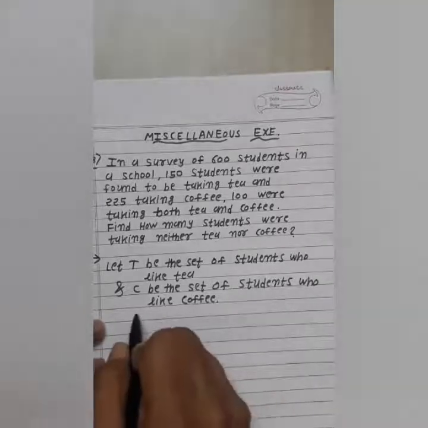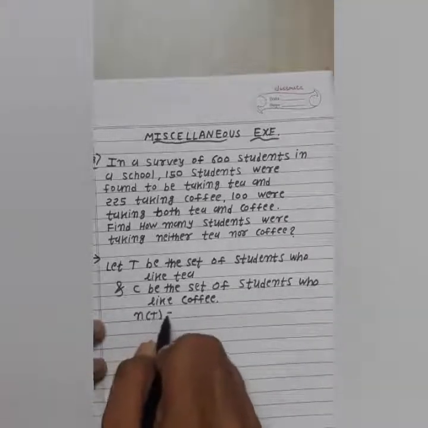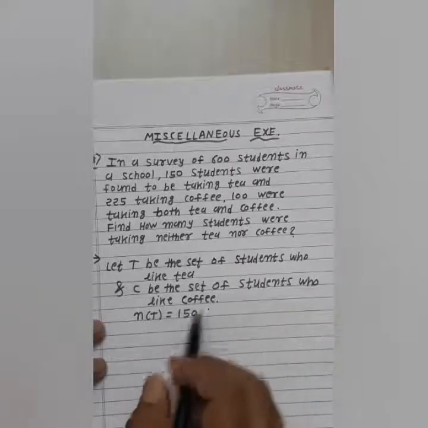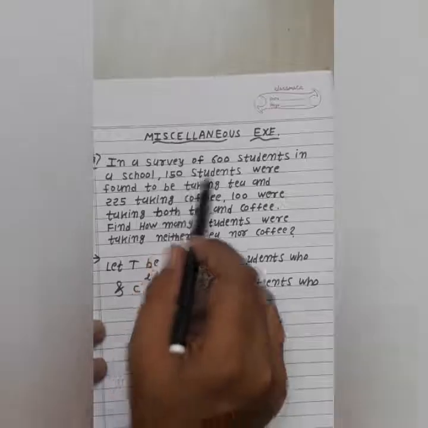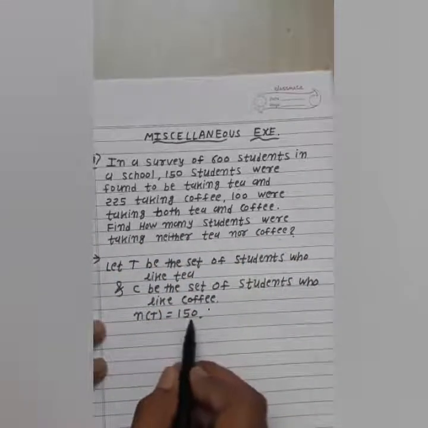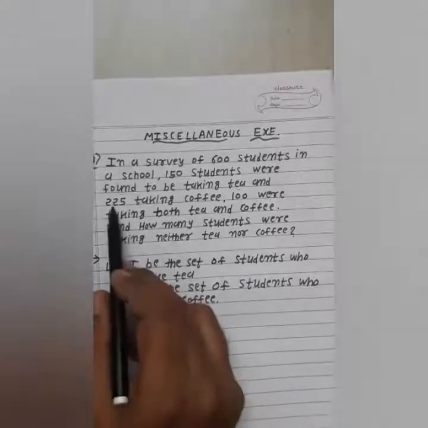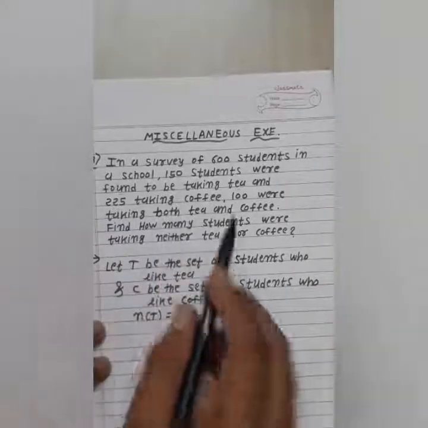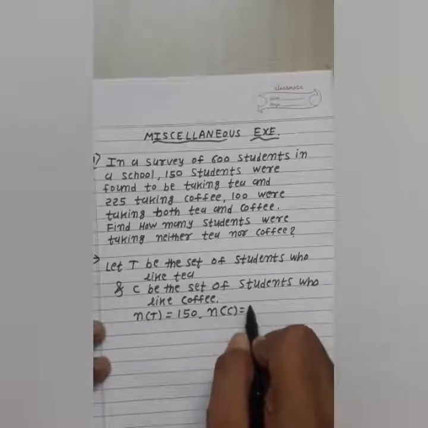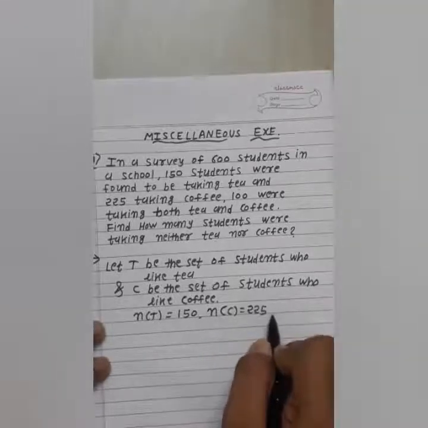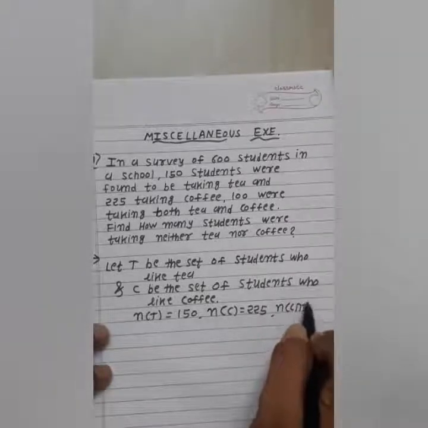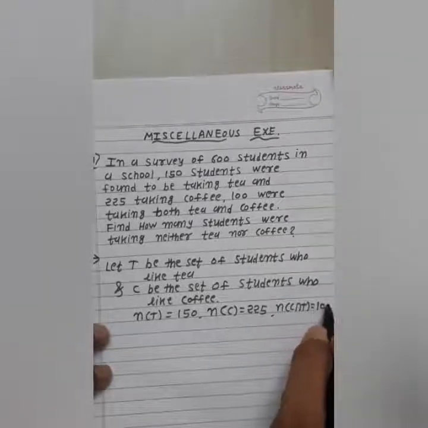So here n of T is equal to 150, because 150 students were found to be taking tea. 225 are taking coffee, so n of C is equal to 225, and n of C intersection T is equal to 100 students.